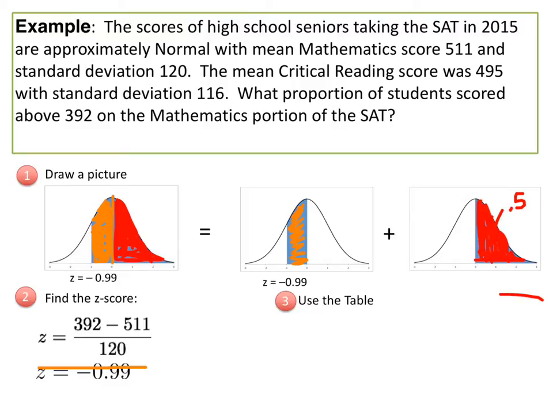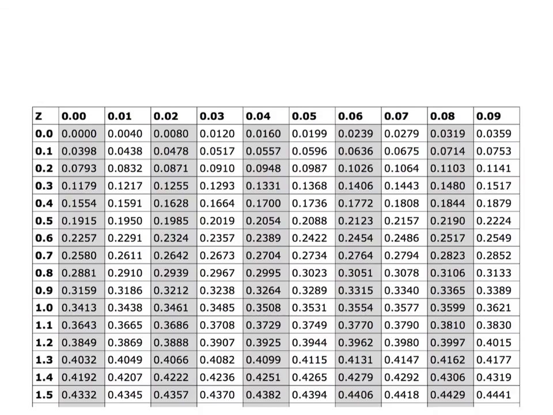Okay, so step 3 is to use the table. All right, so we're going to go to the table and we're going to look for our z-score, but our z-score is negative, right? So remember, since the curve is symmetric, we can look for positive 0.99, and that'll give us the same area that we need for the negative 0.99. So here's my table.